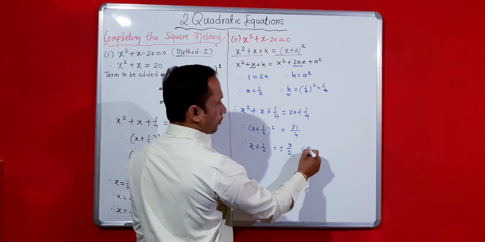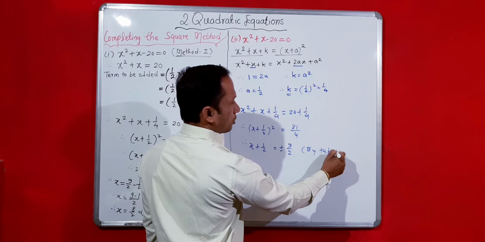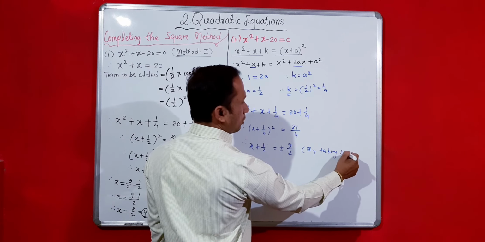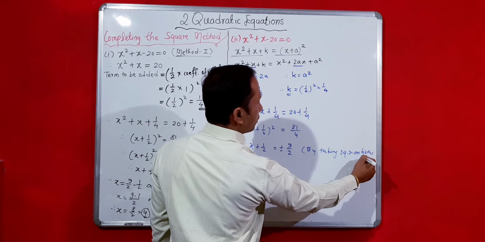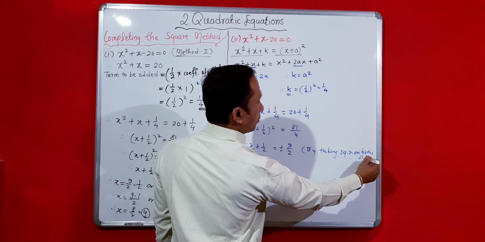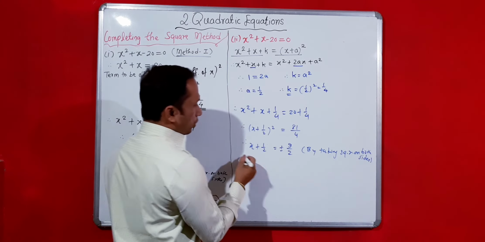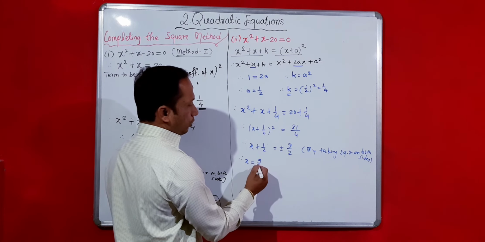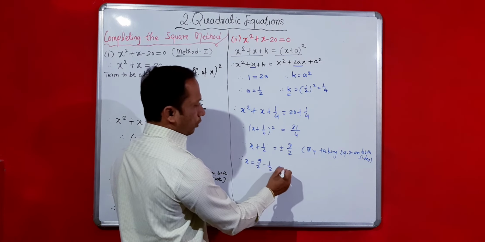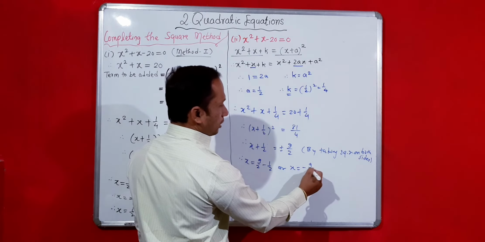By taking square roots on both sides, x plus 1/2 is equal to 9 upon 2, or x plus 1/2 is equal to minus 9 upon 2.